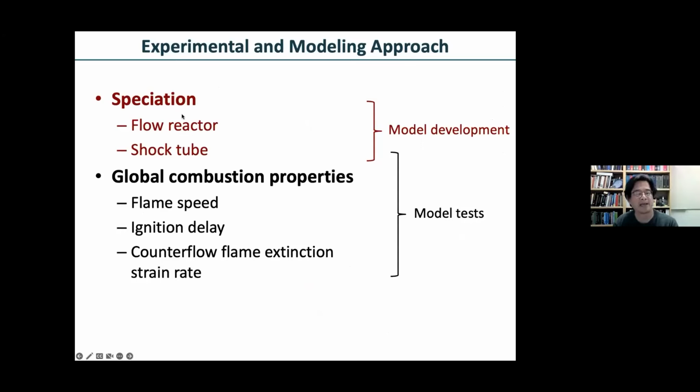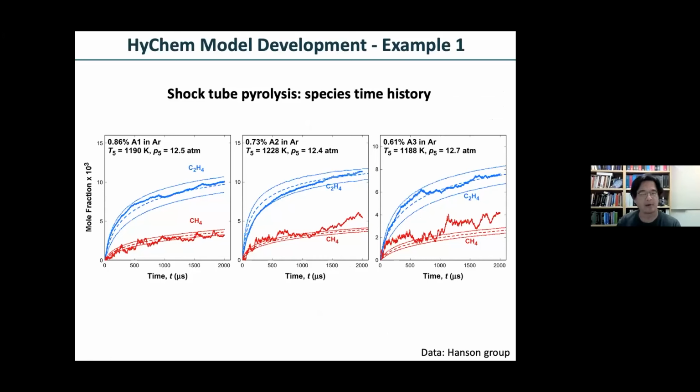So we do speciation from flow reactor and shock tube to develop a model. We then use global combustion properties to test the model. What kind of data? My colleague Ron Hanson measures the ethylene and methane species concentration as a function of time over a range of conditions. In this case, it would be for different fuels at a similar temperature and pressure condition. And this is the kind of curve we fit.